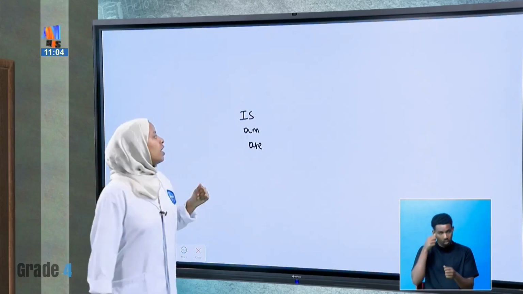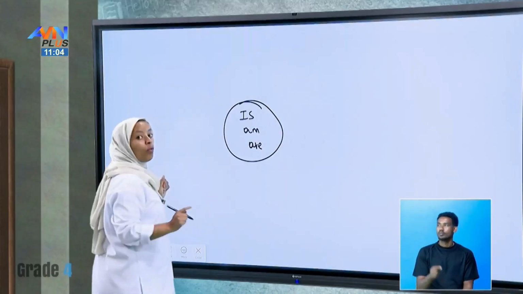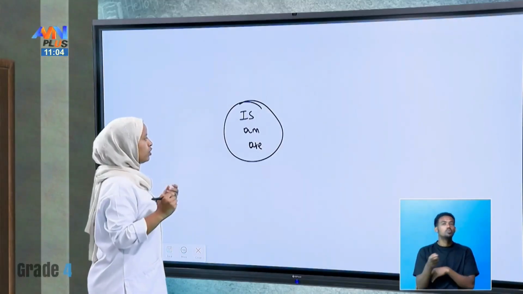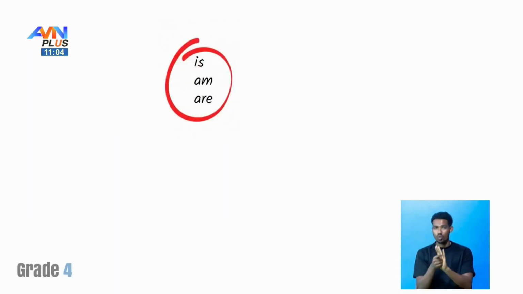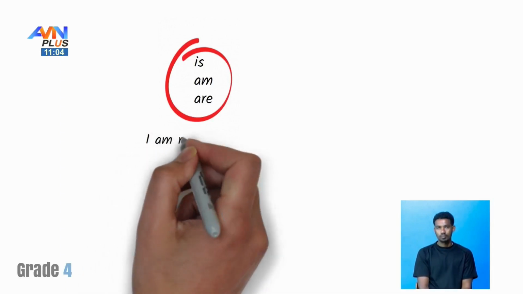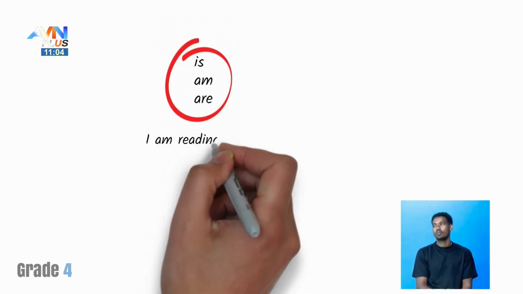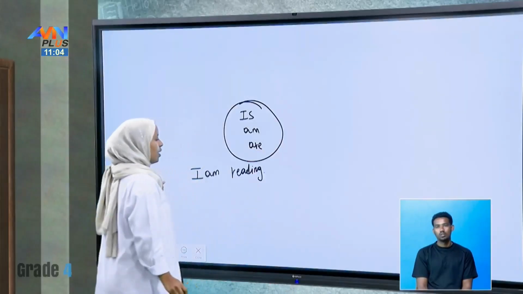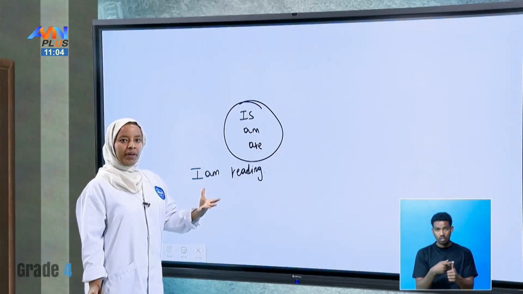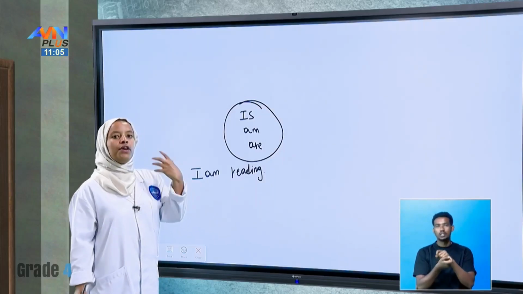Students, if you remember before, when we come to negative sentences, we can add easily not. Let us start. We can use these verb to be to ask a question. So, for example, I am reading. Let us change it to interrogative form.